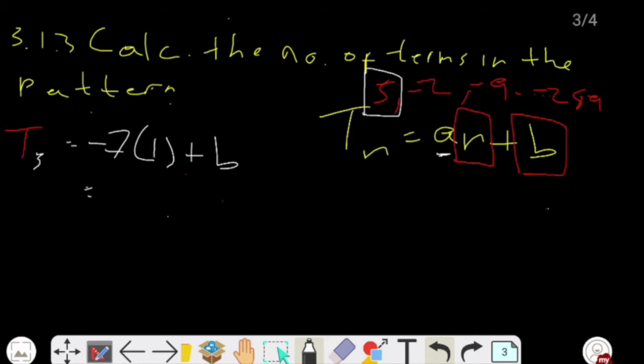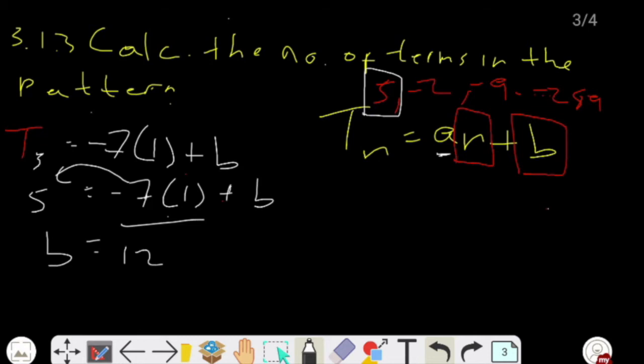Remember, term 1 has a value of 5, meaning I'm going to write my 5 equals -7 times 1 plus b, and this is obviously -7. You take the -7 to the other side, it will give you positive, meaning your b will equal 12. Your b will equal 12, right?